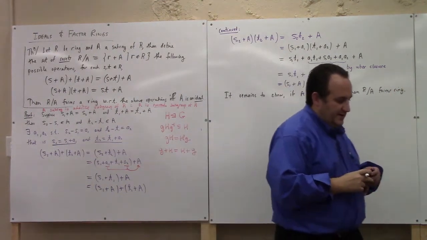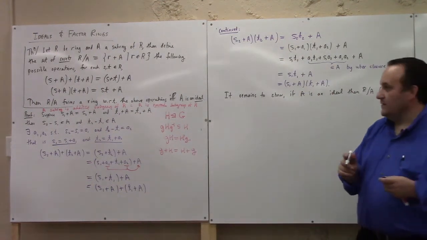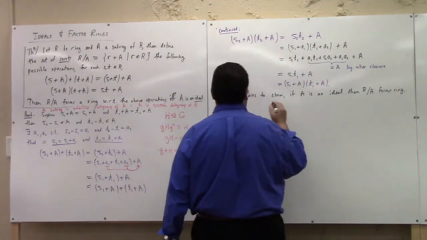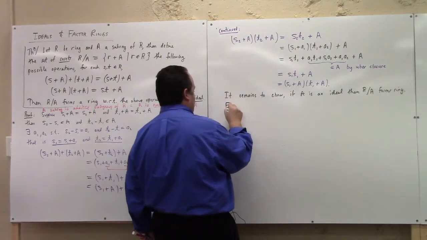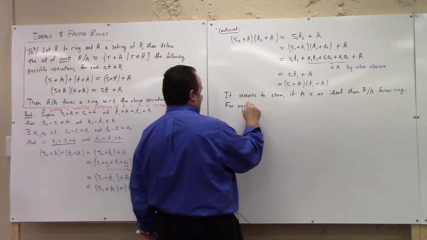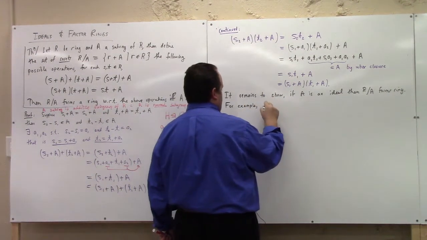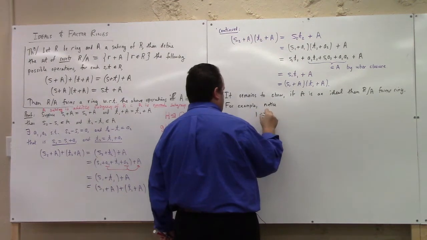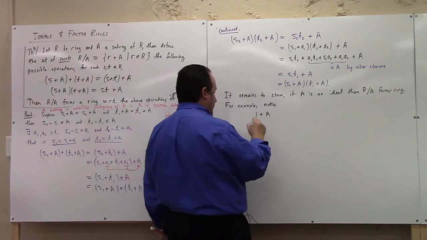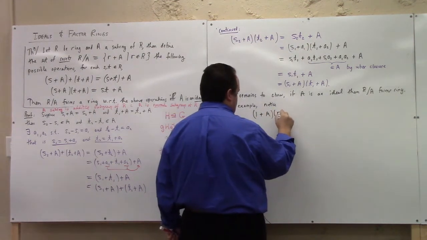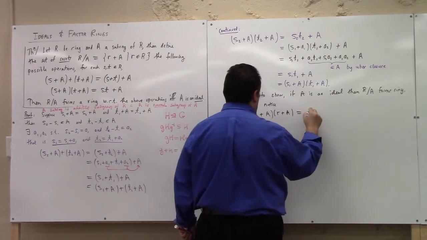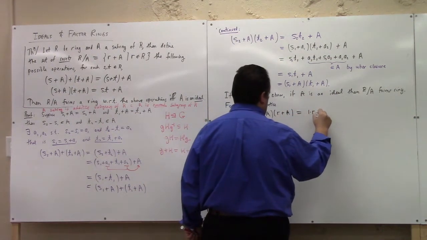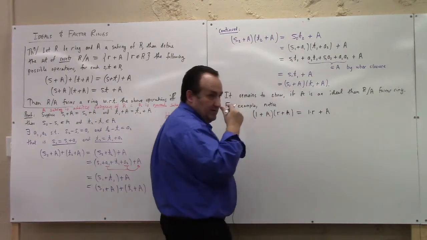Now, in the notes, I have some of those things. I'll just mostly focus on this one here. For example, notice, and this is actually important to our understanding, 1 plus A times R plus A, how's that work? Well, that's 1 times R plus A by definition, right?